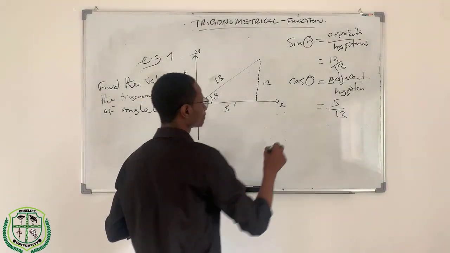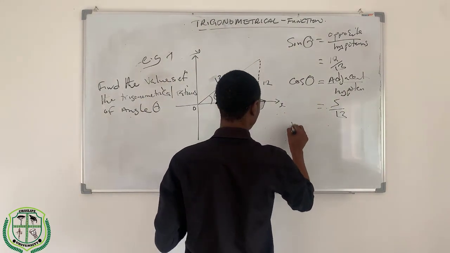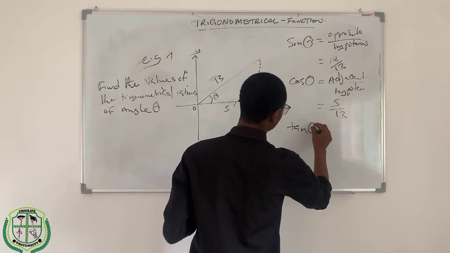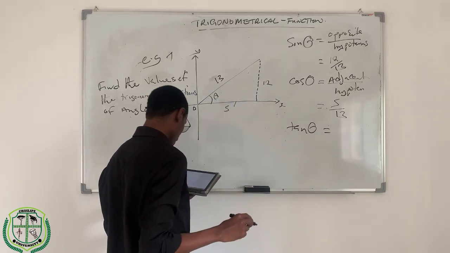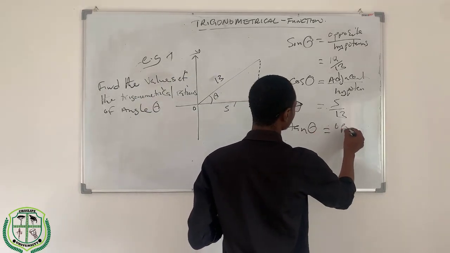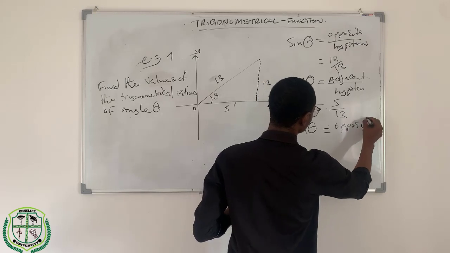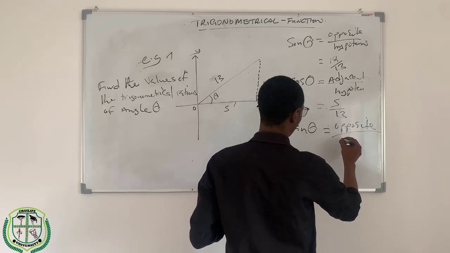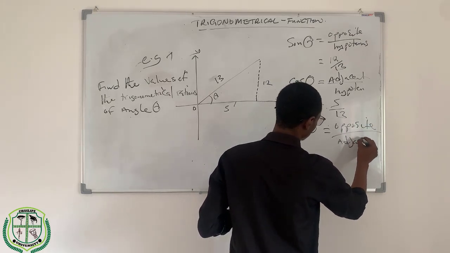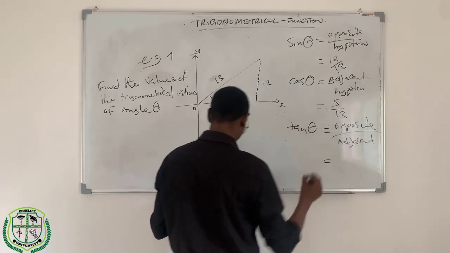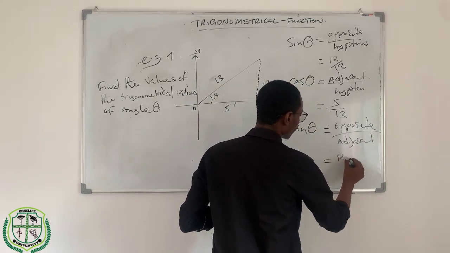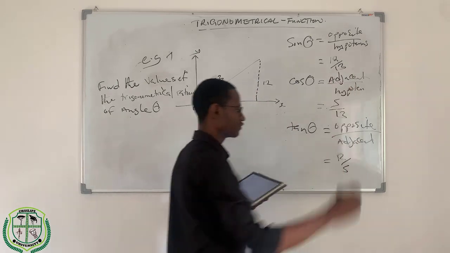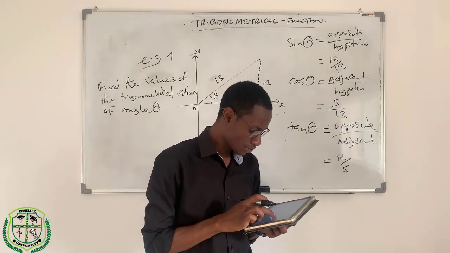That's our answer. Then we go to tan theta. We know that tan theta is also opposite over adjacent. Therefore, our answer will be 12 over 5. Okay? As simple as that.